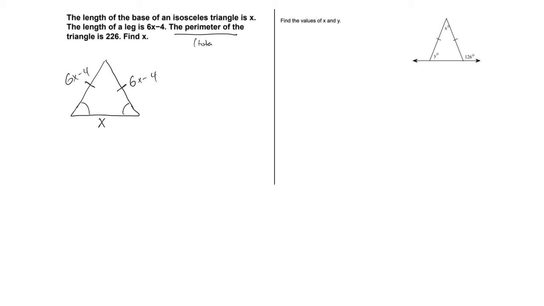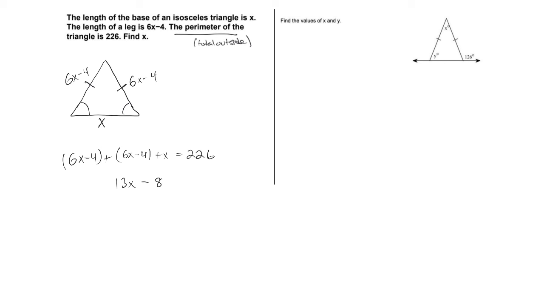The perimeter, or total outside, is equal to 226. So we just need to add the 3 sides together, set it equal to 226, and solve for x. So we end up getting 6x plus 6x plus x equals 13x.